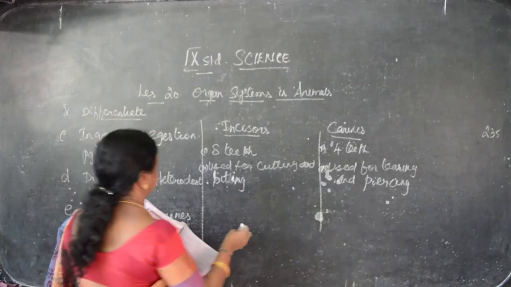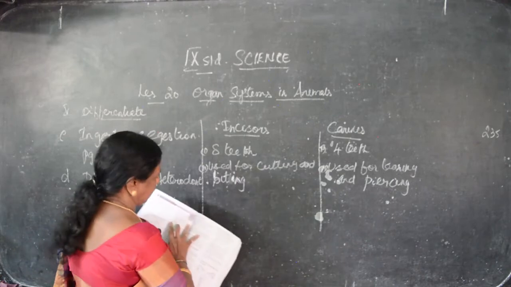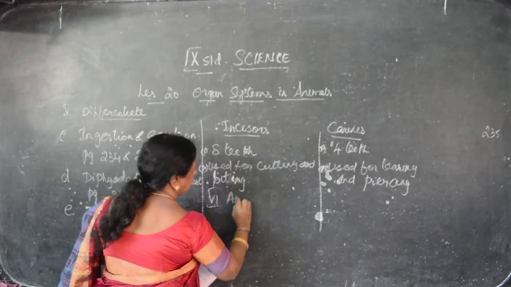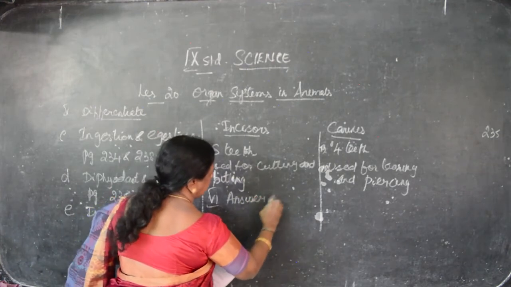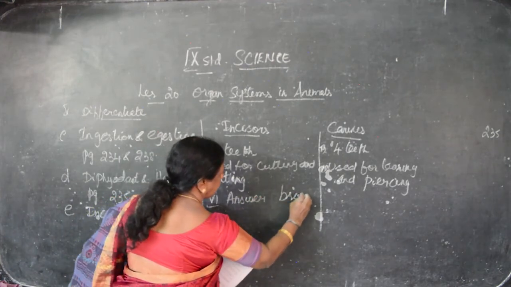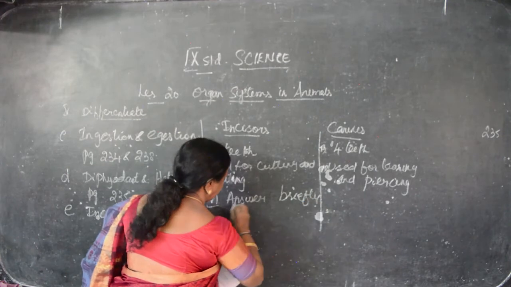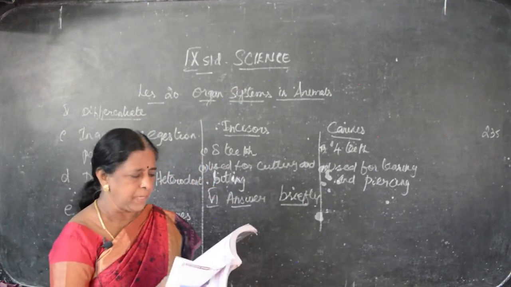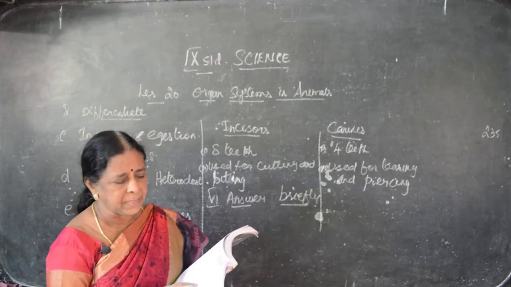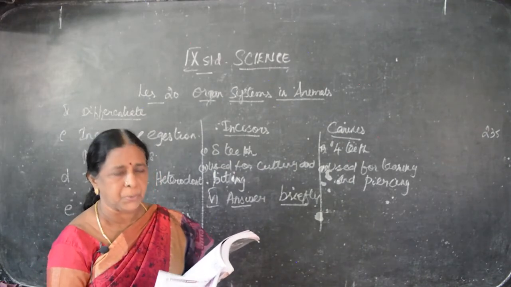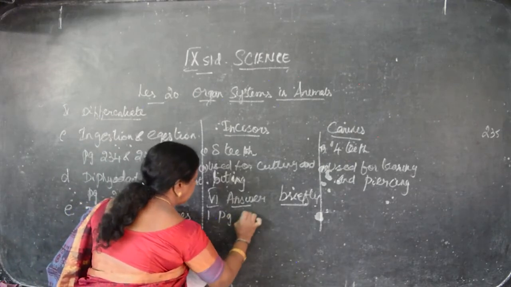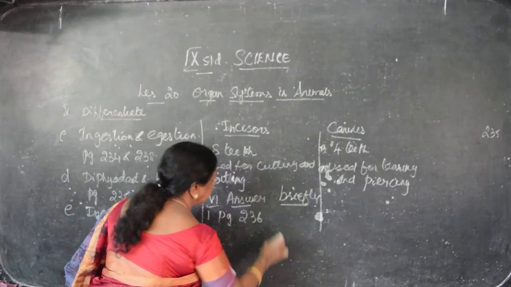Answer briefly. Next one is what? Answer briefly. How is the small intestine designed to absorb digested food? The answer is in page number 236.